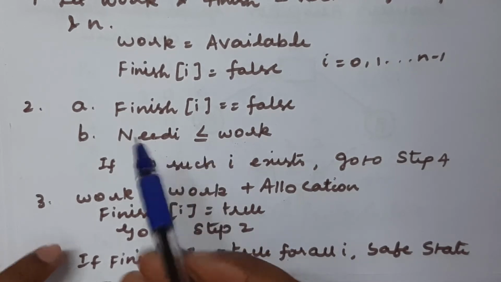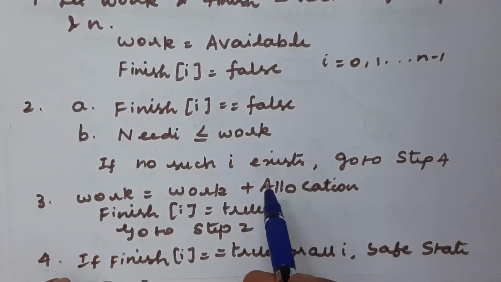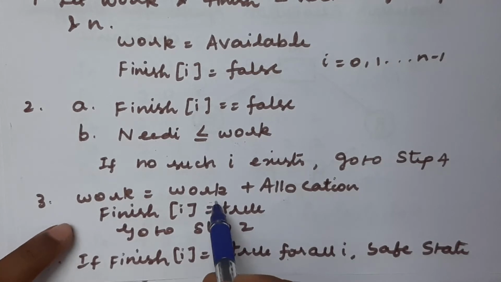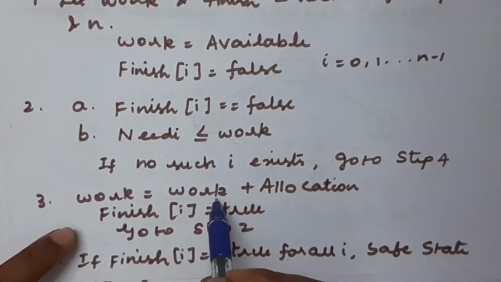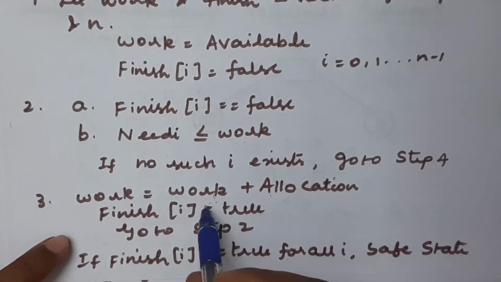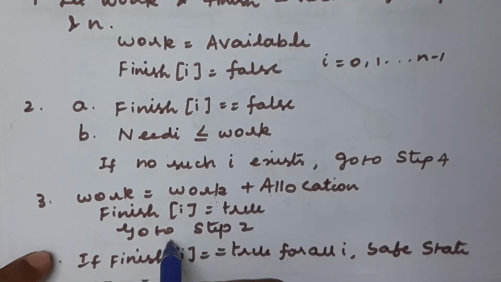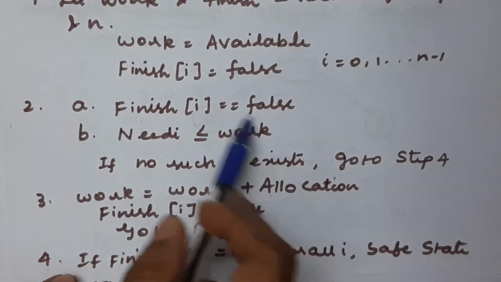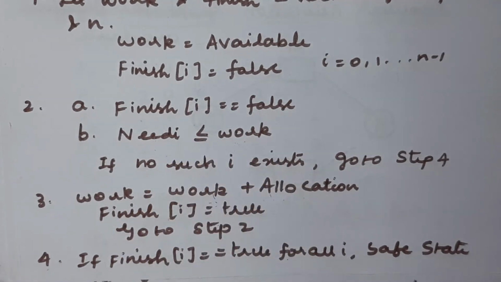We allocate all the resources, and after that it will release the entire resources. That is what we are doing. After getting all the resources from the particular process, we add all those resources to the allocation. That is what work equal to work plus allocation, and finish of i equal to true, go to step 2. So we move back to the previous step in order to execute the next process. Let us see with an example so that you can understand easily.